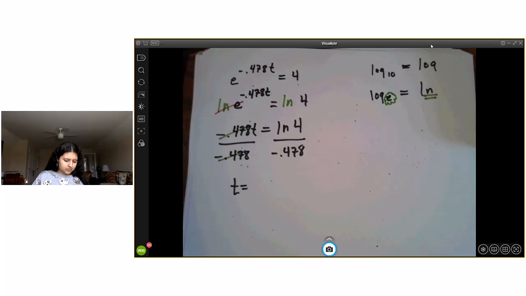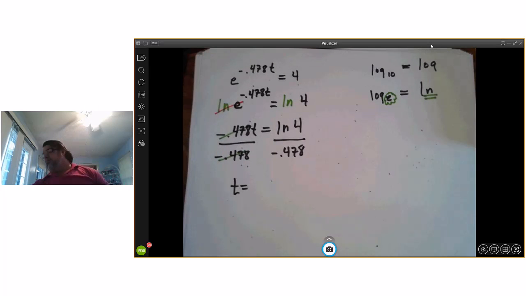Round to the nearest thousandth. So what do you get when you take the natural log of 4 and divide by negative 0.478? Somebody tell me what you get.